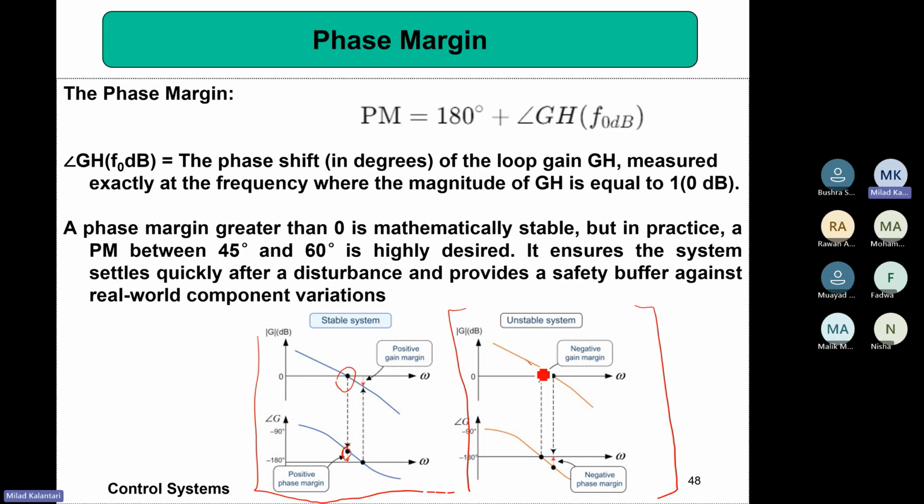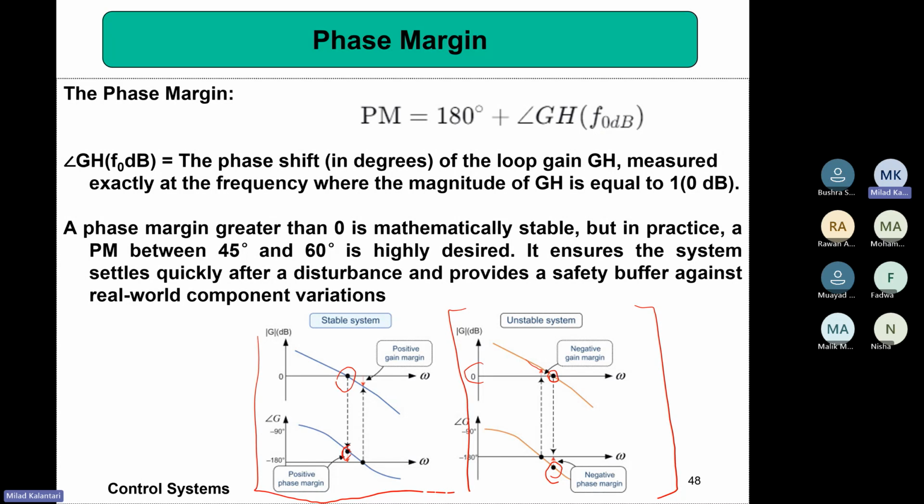So again, you try to find where the amplitude is 1 or 0 dB, right? And at that frequency, you check the phase. You see the phase has already passed 180 degrees. It means that it is very possible that this system becomes unstable because the phase already passed 180 degrees.